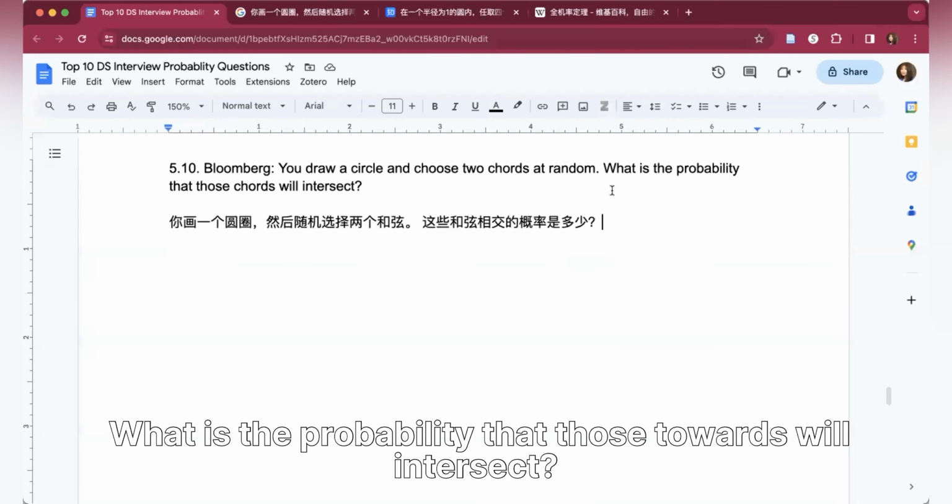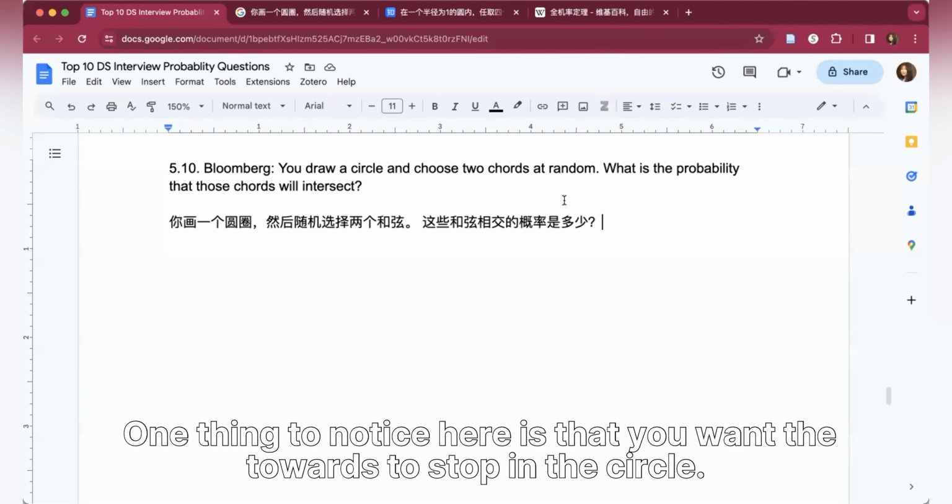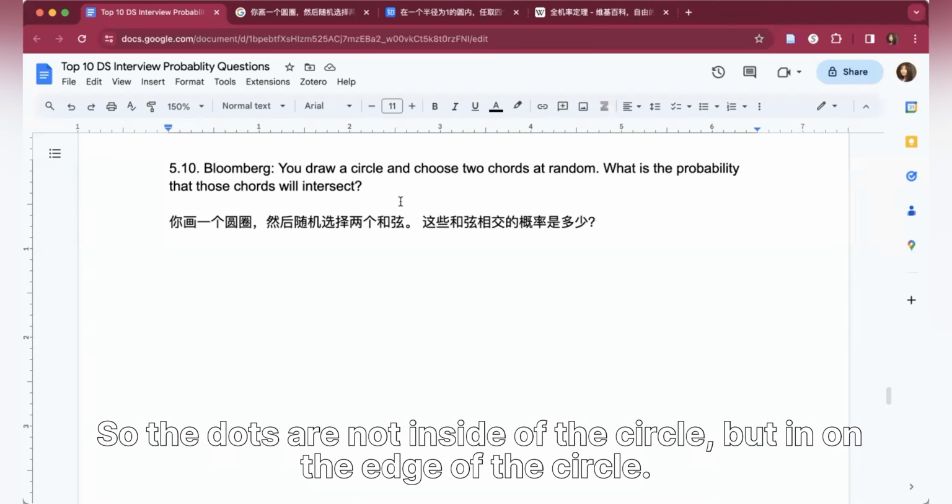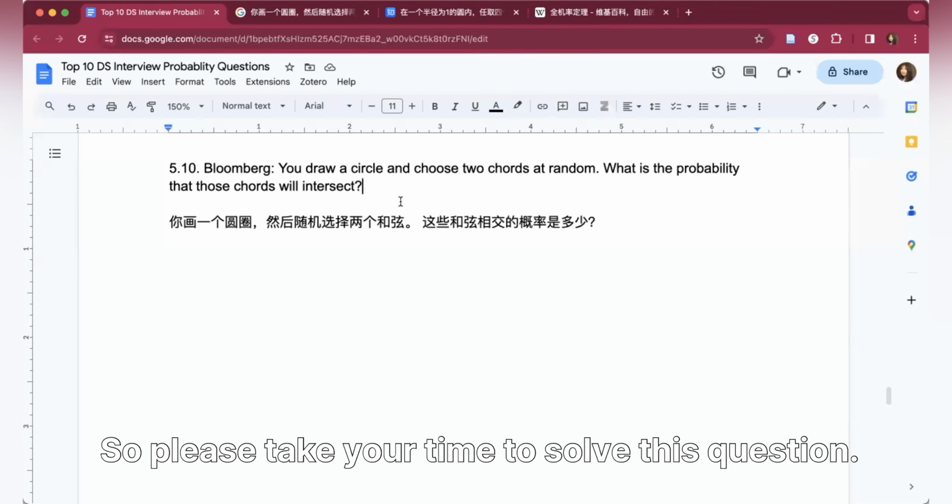What is the probability that those chords will intersect? One thing to notice here is that you want the chords to stop in the circle. So the dots are not inside of the circle, but on the edge of the circle. So please take your time to solve this question.